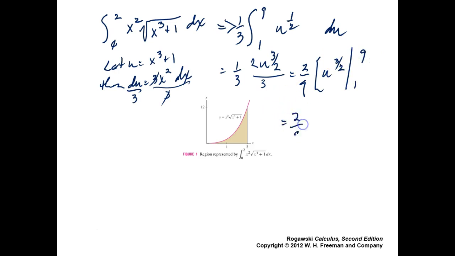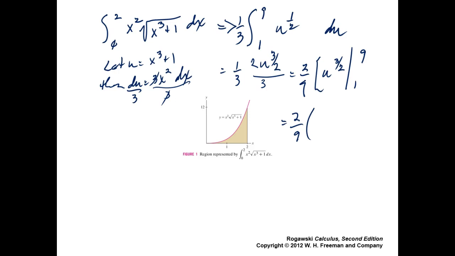It's going to be 2/9 times, plug in a 9. What does it mean to raise a number to a fractional power? 9 to the 3 halves means either 9 cubed and take the square root of it, or take the square root of 9 and then cube it.